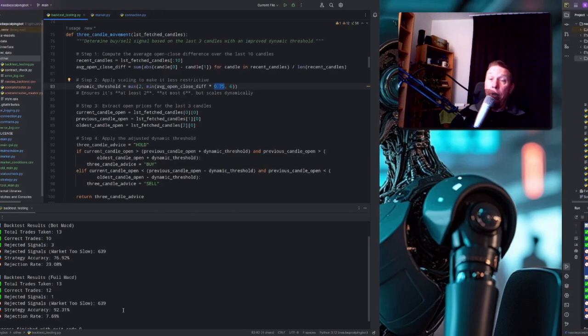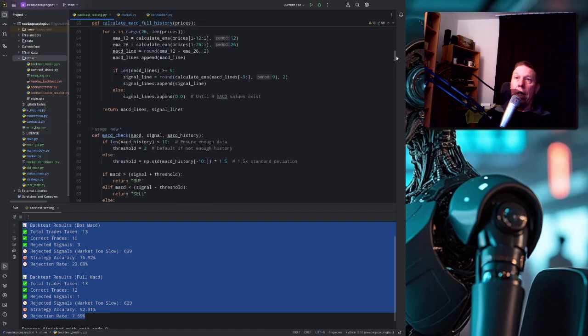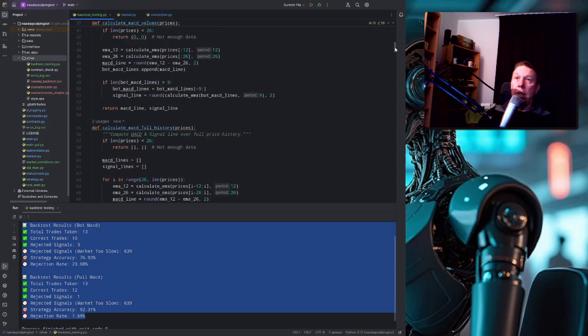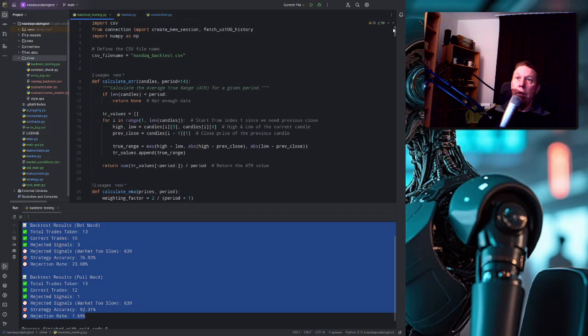Be back soon. And what did I change in the code for the backtesting? I added a dynamic threshold, but this time as the ATR. There's an ATR calculation added, right up here somewhere. There's the ATR, which uses the high and the low of candles 3 and 4.